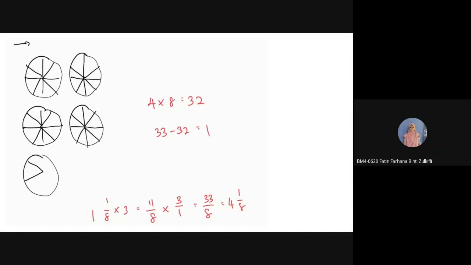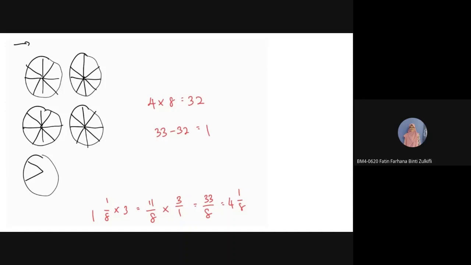So those 32 pieces we make into 4 whole pizzas, because one pizza has 8 cuts. So for the balance, we make it into the other pizza. So for the other pizza we have 1 cut.